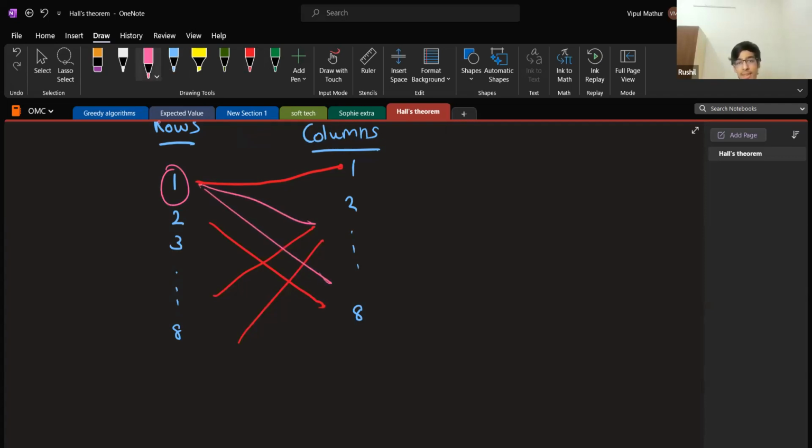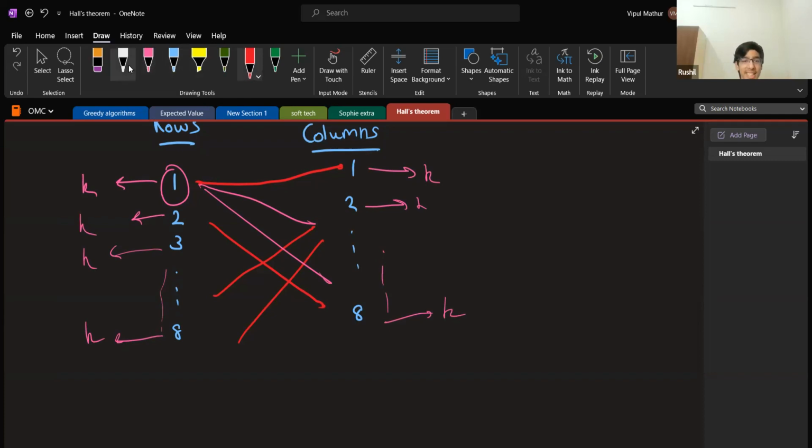So this row will be connected to k columns in which there will be pieces. So this vertex has degree k. This one also has degree k, k, k. By degree, I mean the number of vertices you're connected to. Similarly, this one also has degree k, degree k, degree k. Everyone is degree k. Boom. And we're already done, because now what this means is we have a perfect matching.